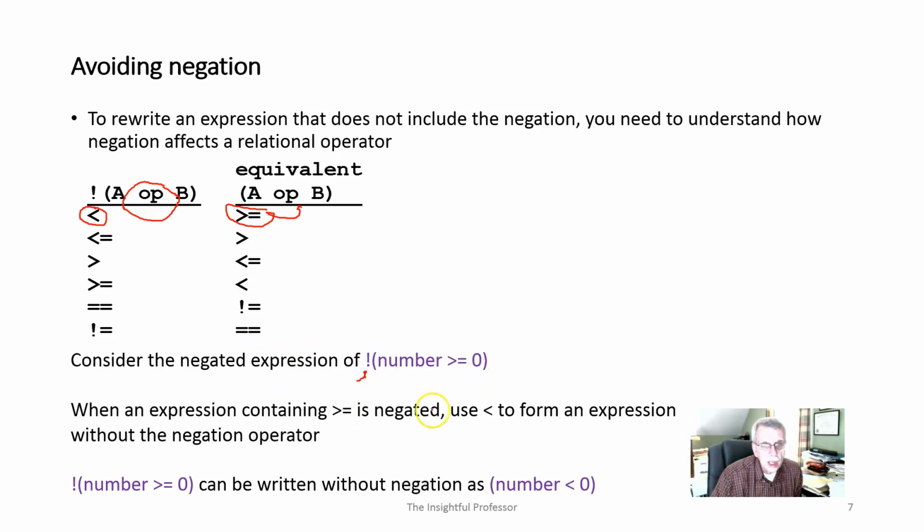According to the table, we find the greater than or equal, that's this one here, and we can remove the not operator, and the expression becomes number less than 0. So not number greater than or equal to 0 could be rewritten without the use of the negation operator as number is less than 0.